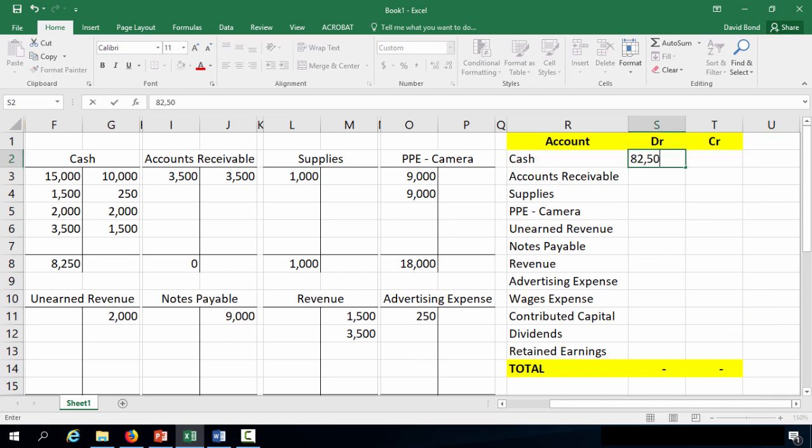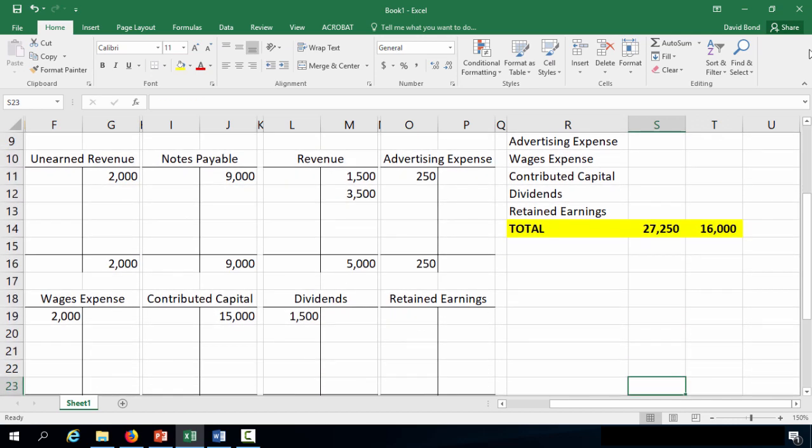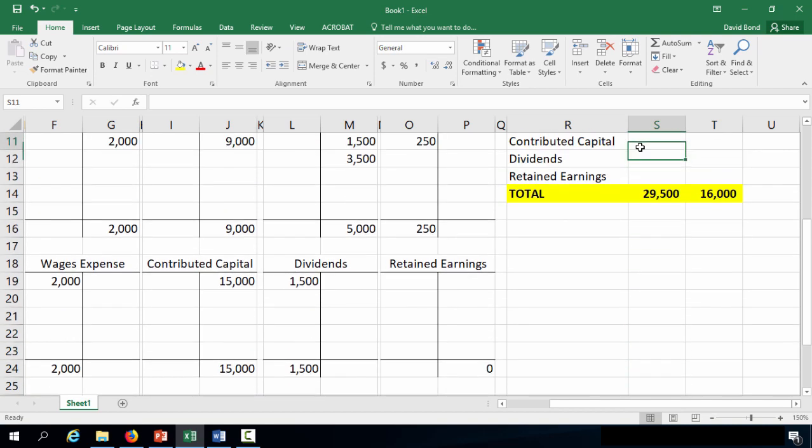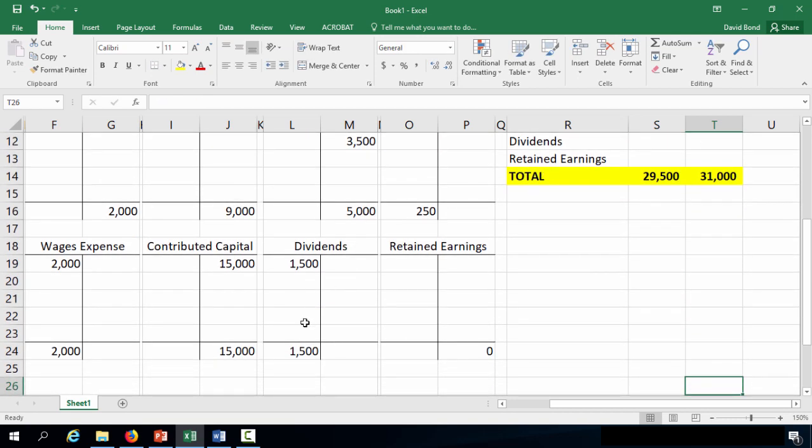So 8,250, 0, 1,000, 18,000, 2,000, 9,000, 5,000, 250, 2,000. Contributed capital is 15,000 on the credit side. Dividends are 1,500 on the debit side. And retained earnings is 0.